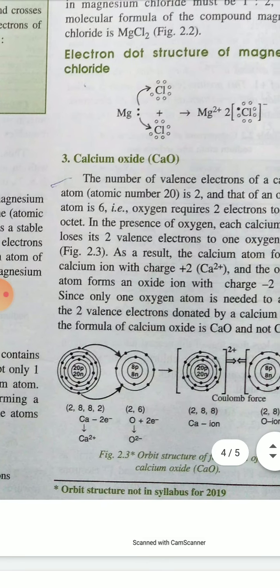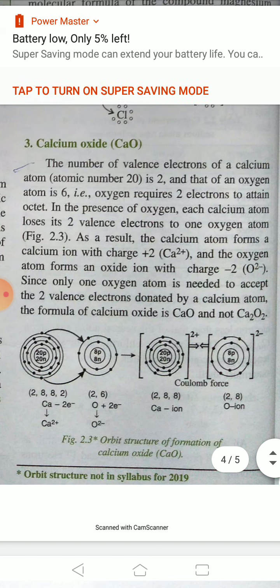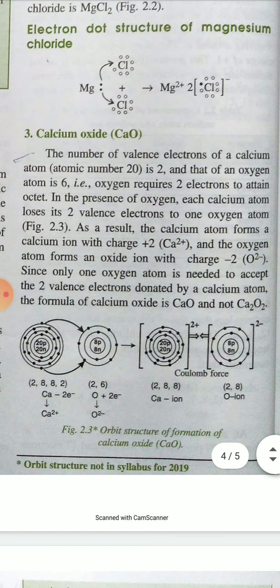Now formation of calcium oxide similarly. Calcium has electronic configuration 2, 8, 8, 2, with atomic number 20. So calcium has two valence electrons. Oxygen has atomic number 8, and its electronic configuration is 2, 6.